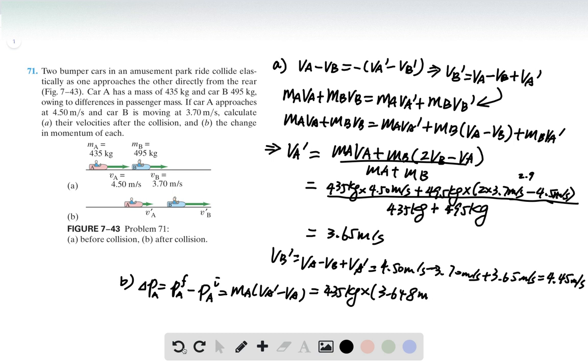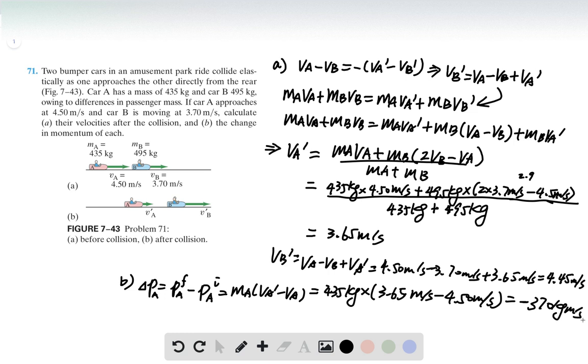Actually, I didn't take that many significant numbers previously. So 3.65 meters per second minus 4.50 meters per second. This gives us negative 370 kilogram meters per second. So this is the change of momentum for A. Its momentum decreases by 370 kilogram meters per second.